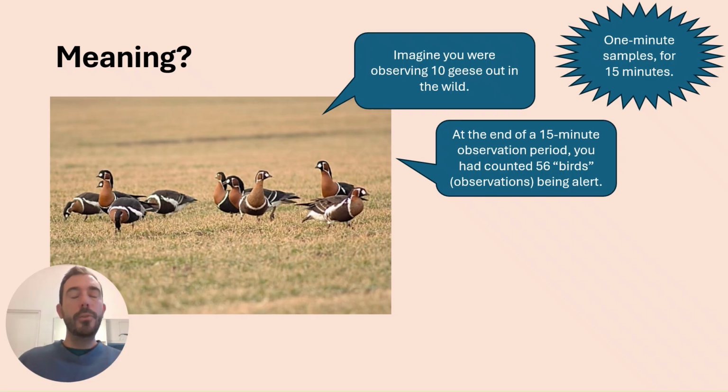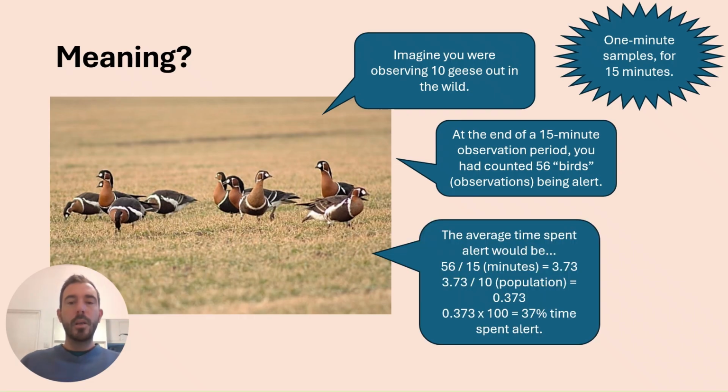We're going to choose the behaviour alert just because we can see it's quite commonly exhibited in this photograph. So imagine by the end of your 15 minutes of observations, you had counted 56 birds, i.e. we've had 56 observations of animals being alert. So we need to calculate our average time spent on alert.